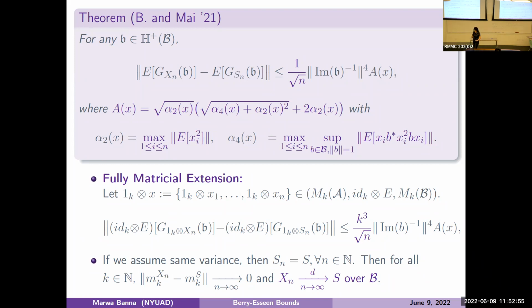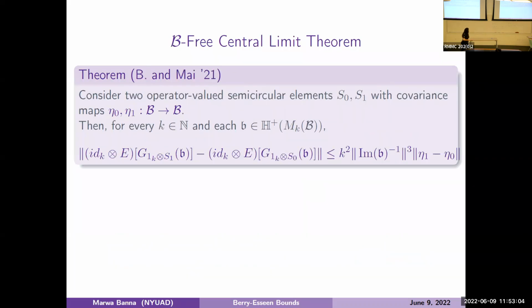But what if we don't want to assume that? We don't want to assume this, and we would like to obtain Wolkowisky's result. So we have this additional step where we prove that if we have two operator valued semicircular elements with different variances, eta 0 and eta 1, then we can compare their Cauchy transform here.